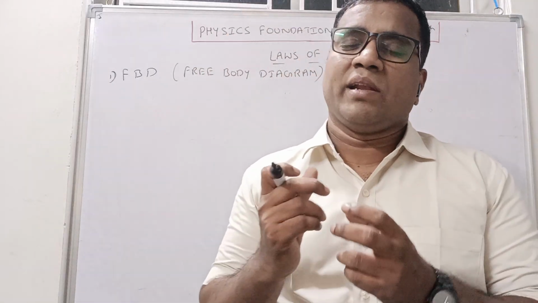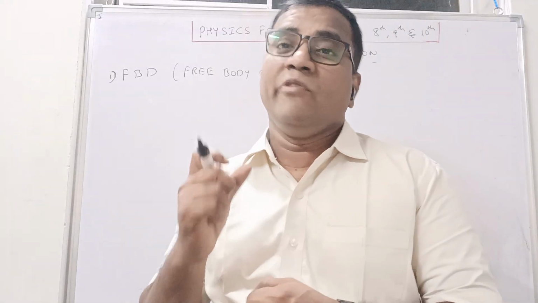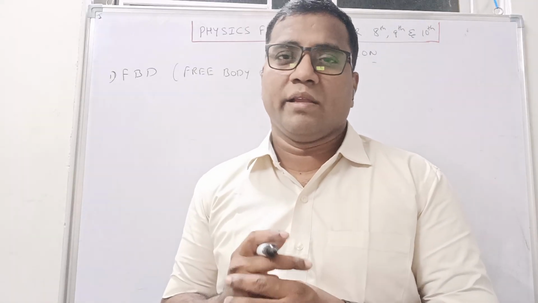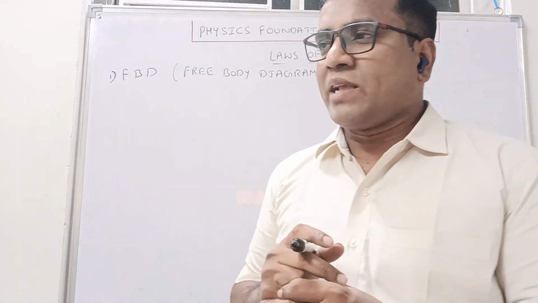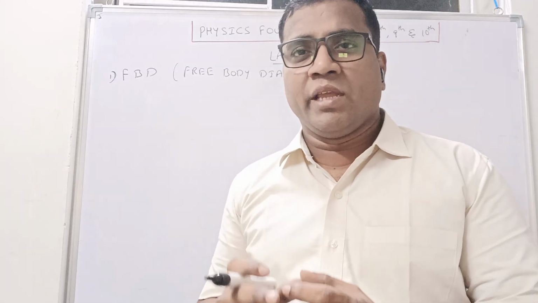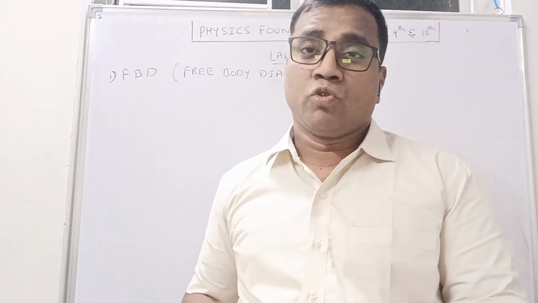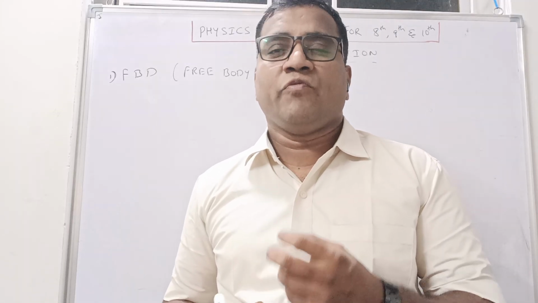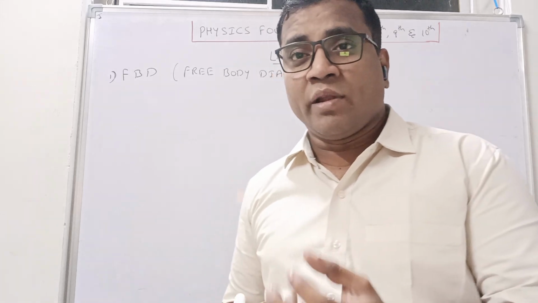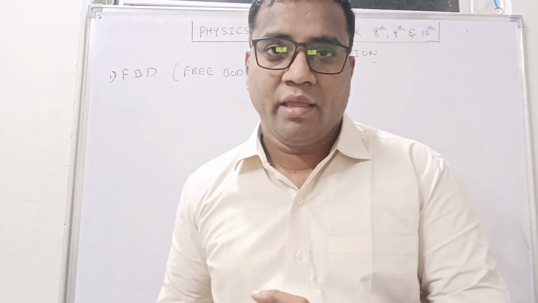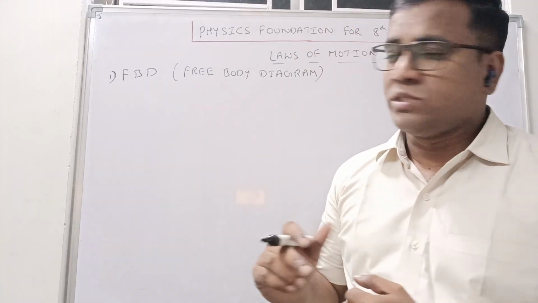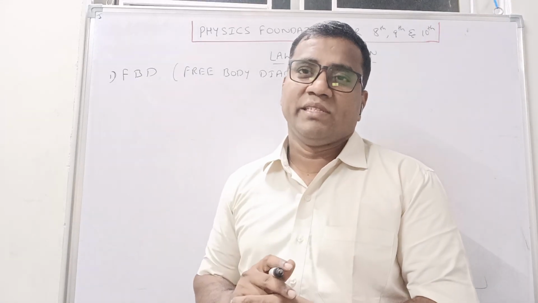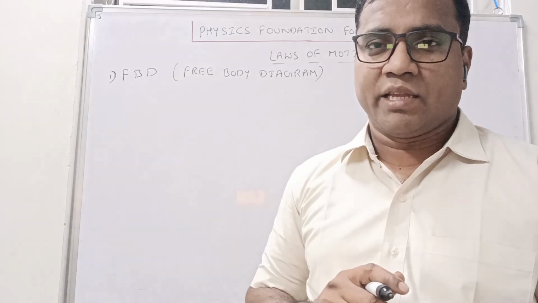Generally, what is the meaning of FBD and where will we use it? First of all, we have to understand this. For example, in any system, 2-3 bodies or 2-3 masses are given. In order to find the force acting on a single mass, we will use this concept, the free body diagram.